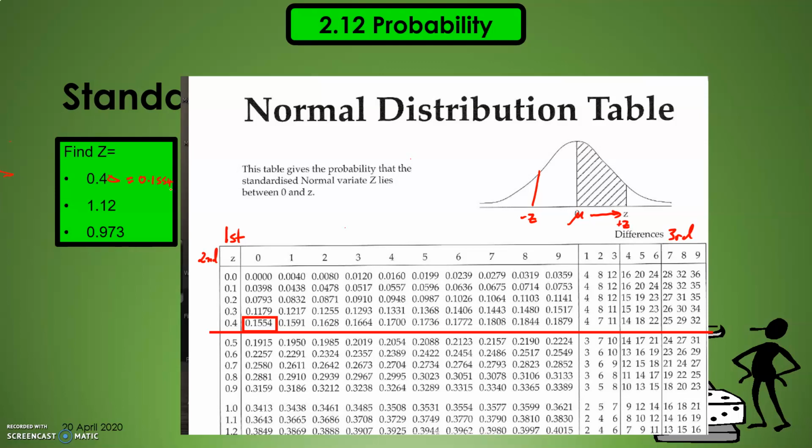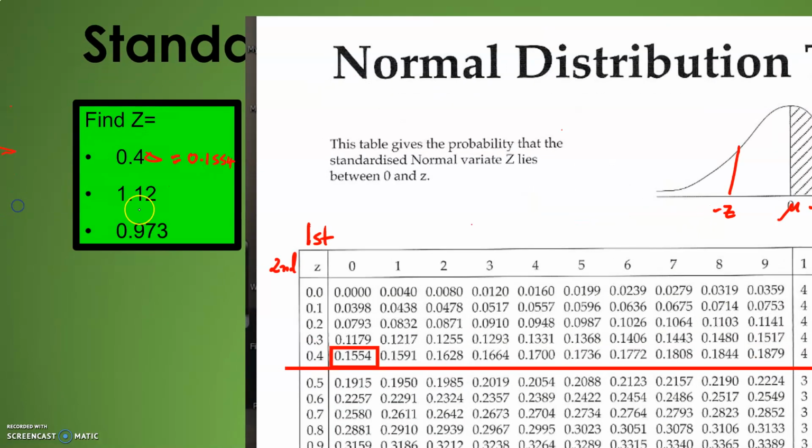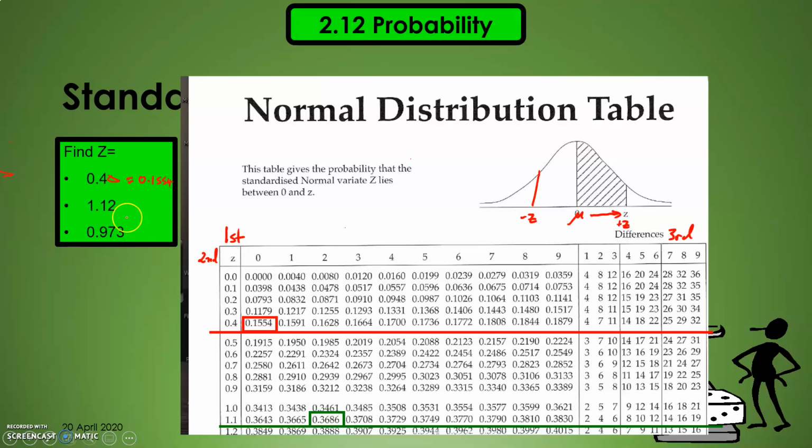Now 1.12, so the first thing is find the line for 1.1, and then we go along the row to 2, which gives us that value, which is equal to 0.3686.